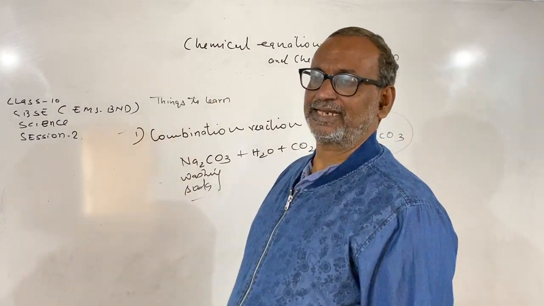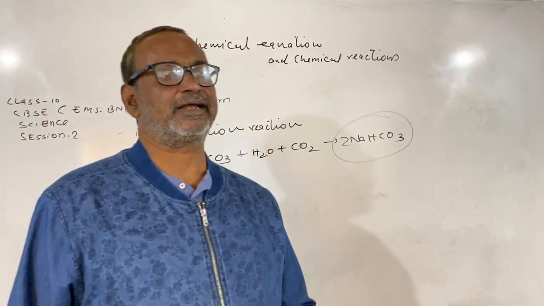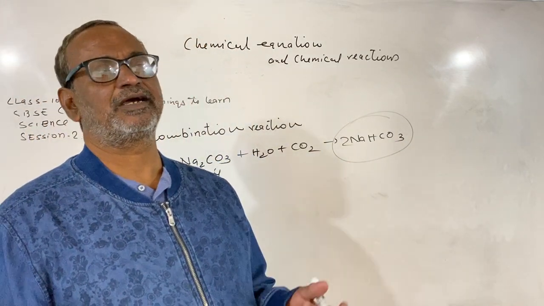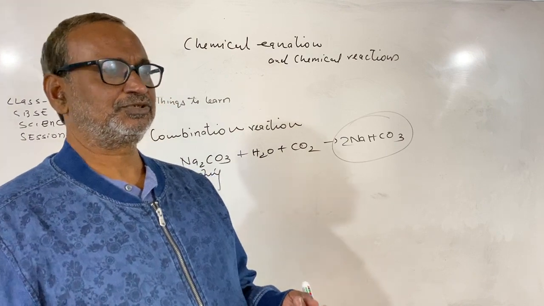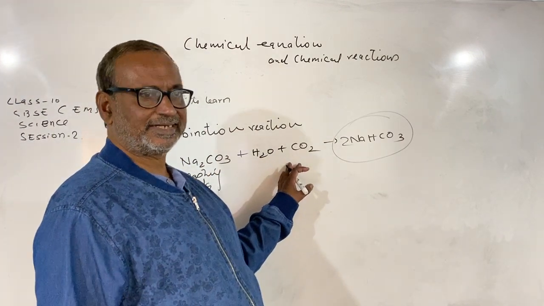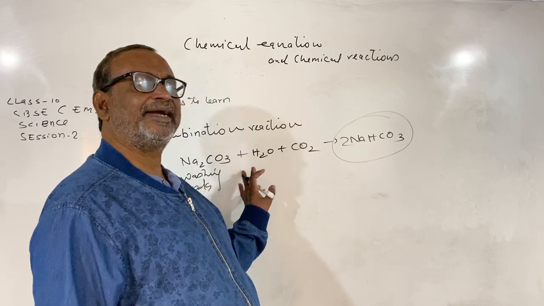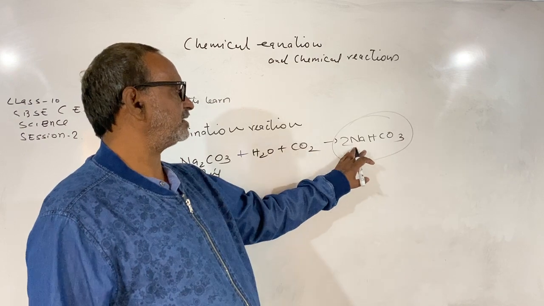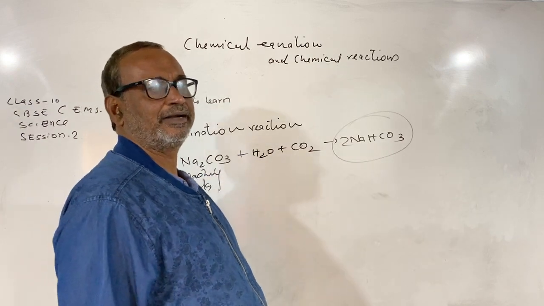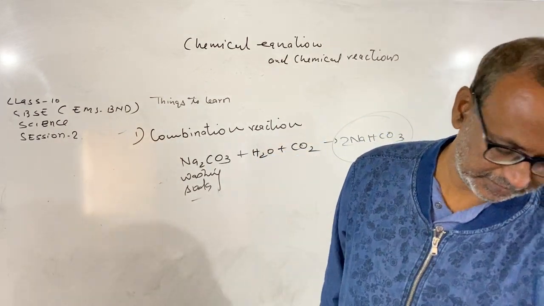You can see that in this reaction, three reactants are combining together to form a single product. So such a reaction in which two or more simple substances are combined together to form a single product is called a combination reaction.